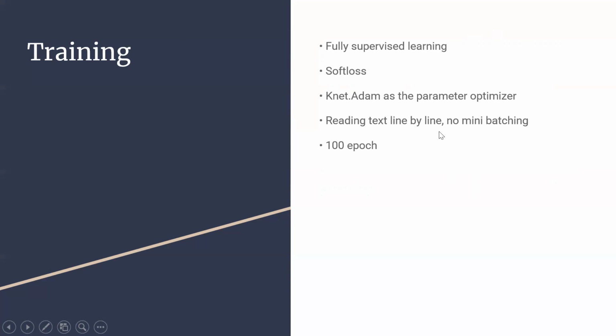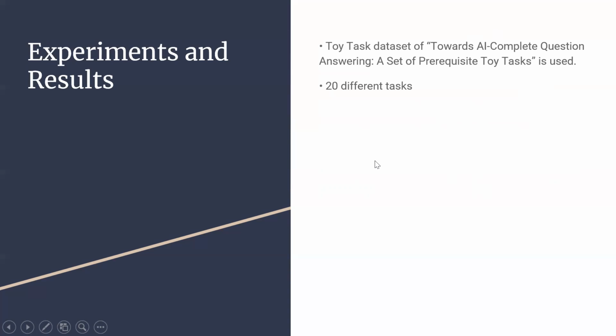The training was done for 100 epochs. That is quite a lot of time. So let us see the experiments and results. The data set that we took was the toy task data set of towards AI complete question answering, a set of prerequisite toy tasks, and it consisted of 20 different tasks.